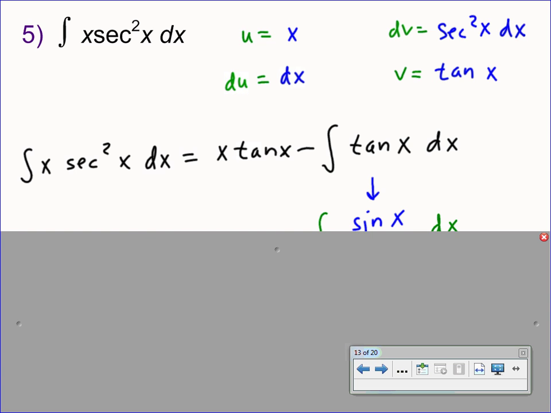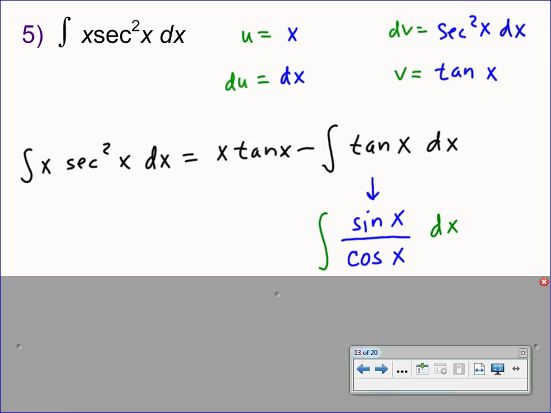And you might be thinking, is this an antiderivative that I now know? Well, yes, we may have forgotten, but we did generate an antiderivative rule for tangent last year. By thinking about tangent as a quotient, sine over cosine, we could see that this sine of x here is acting as part of the derivative of this quantity cosine of x on the bottom to the first power. So this is natural log.